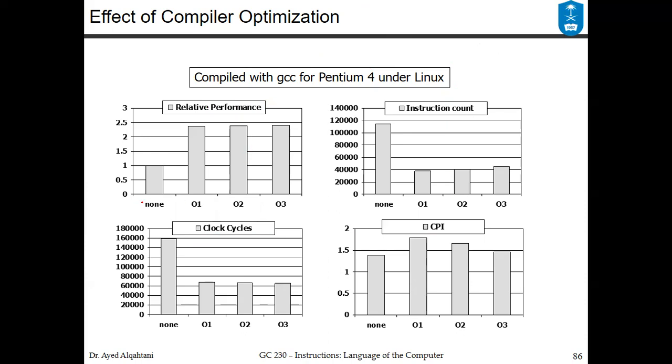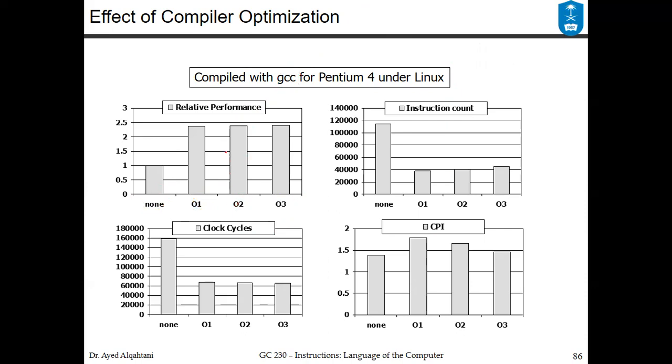So in the x-axis, we use this GCC without any optimization whatsoever. And then we used the compiler with a certain optimization called 0.1, and then another version of optimization called 0.2, and then a third optimization 0.3. Those optimizations are different than each other.